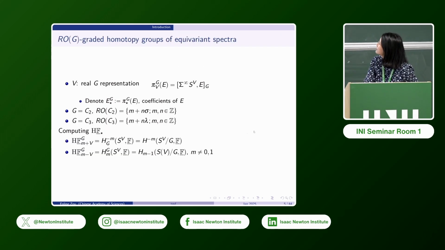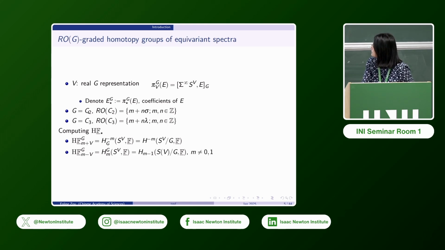Okay, so let me give some setup and refresh some equivariant foundations. For an equivariant spectrum, we have RO(G)-graded homotopy groups. Namely, for a real G representation V, we use pi_V to denote maps from S^V to your spectrum. And you can also suppress the notation this way.